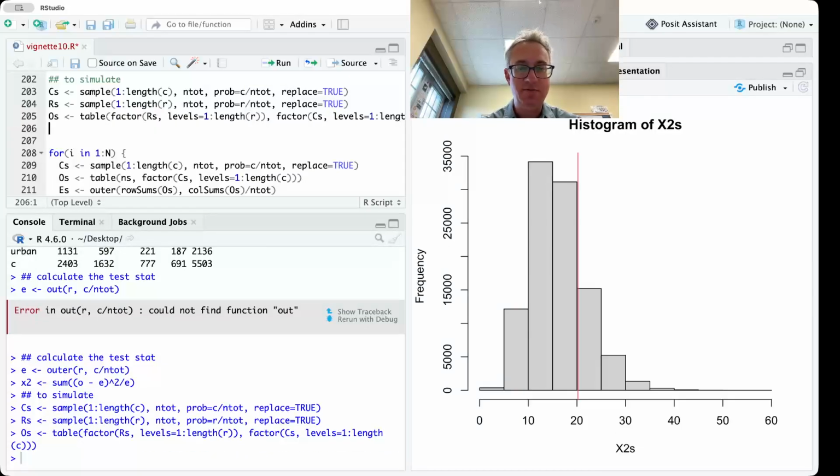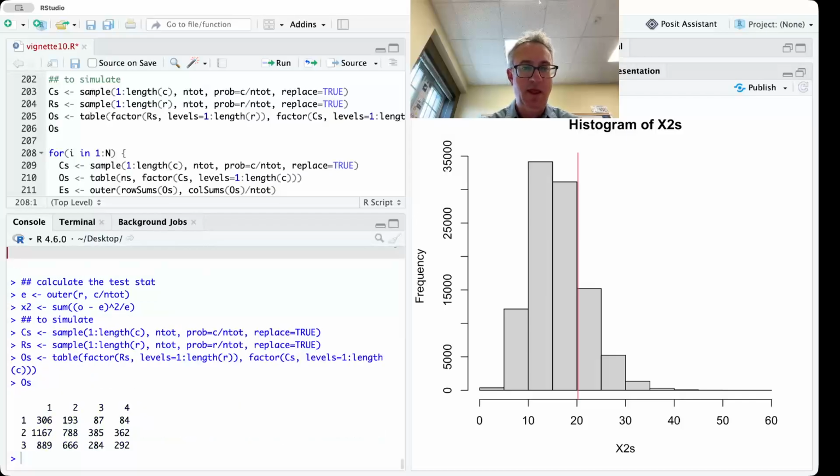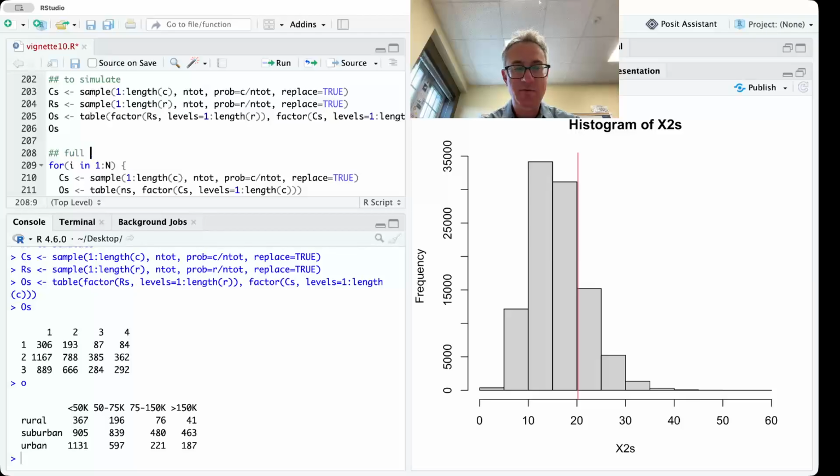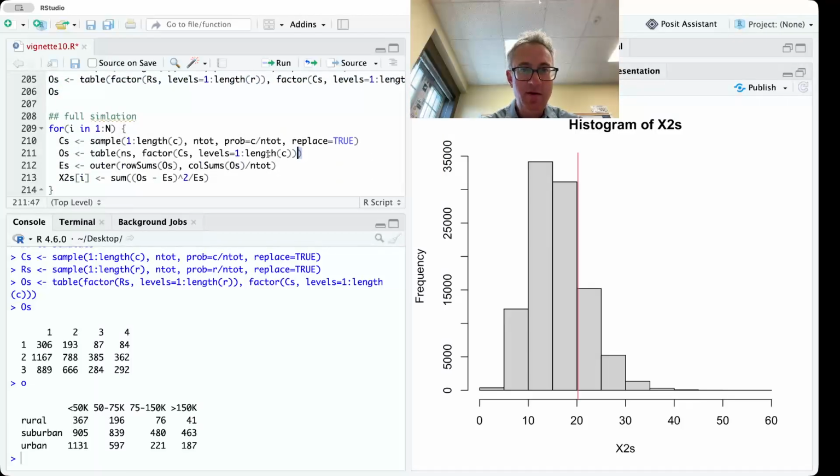Okay, and then that gives me a random table, which I then compare to the observed table. Okay, so now the full simulation, I better grab all of this and then just put it in here.